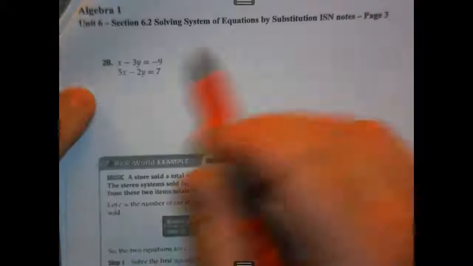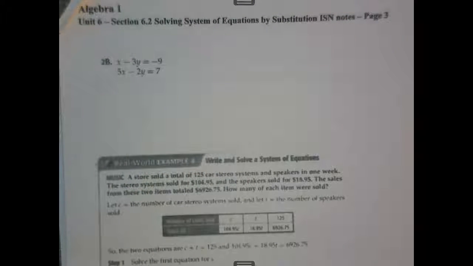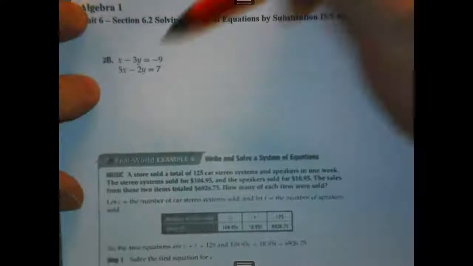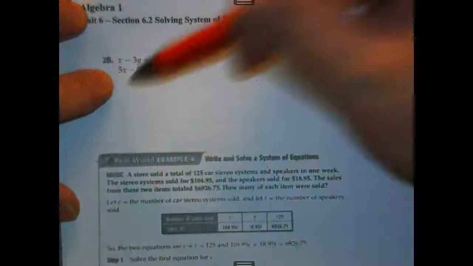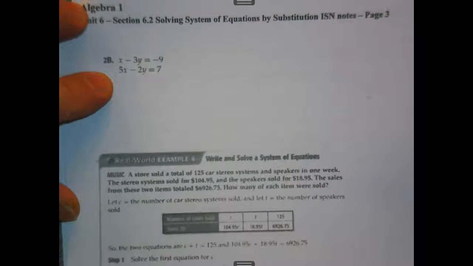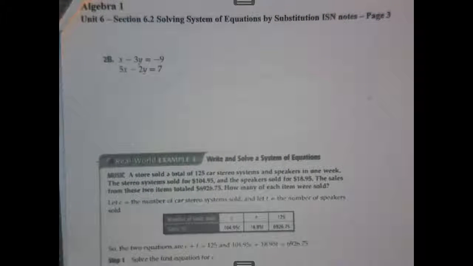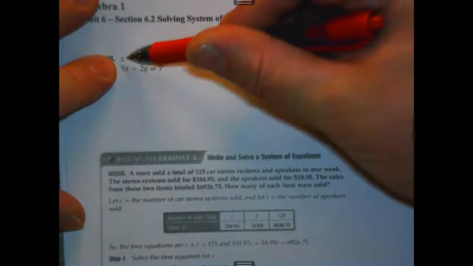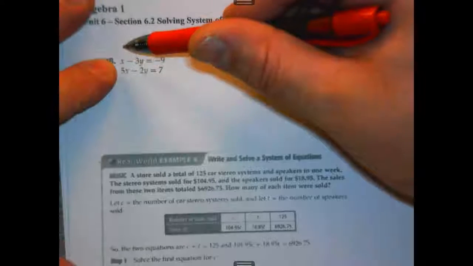Now I don't have a variable to solve for. I don't have a variable on one side of the equation and everything else on the other. Looking at the variables here, we have x's and we have y's in both equations, right? Just looking at this, which variable is going to be easiest to solve for? The x, because it has a coefficient of 1.